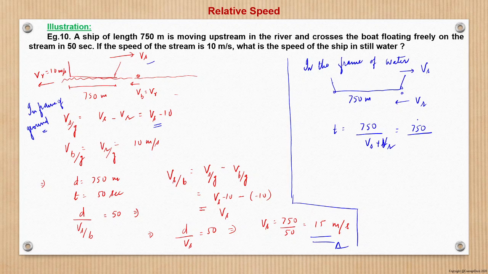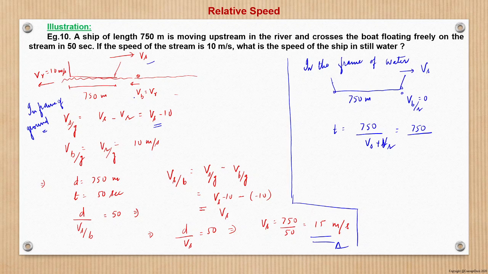And now see one important concept. This is in frame of river. In frame of river, the river is not flowing, so the boat is also not flowing here. So when we see in frame of water, the boat will be constant. So velocity of boat will be constant in frame of river, right?